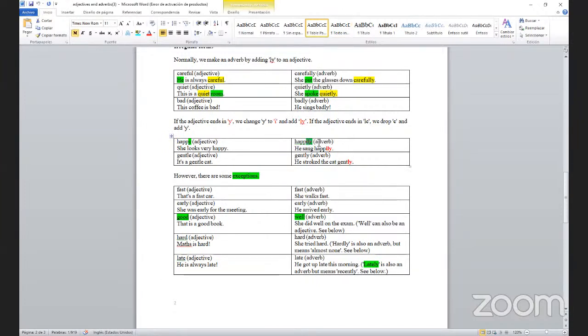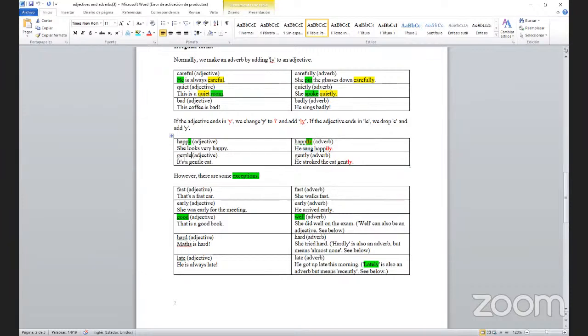Okay, no y, because it's going to be like a double y. So I-L-Y. She looks very happy. We are talking about her. He sang happily. We're talking about the action, how he sang.